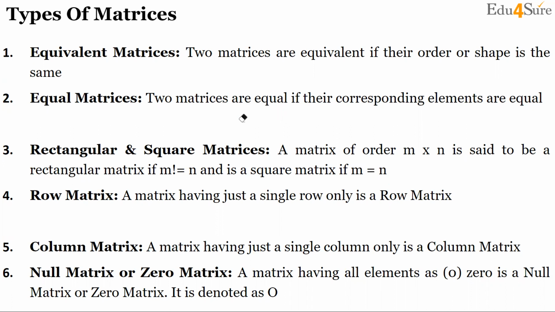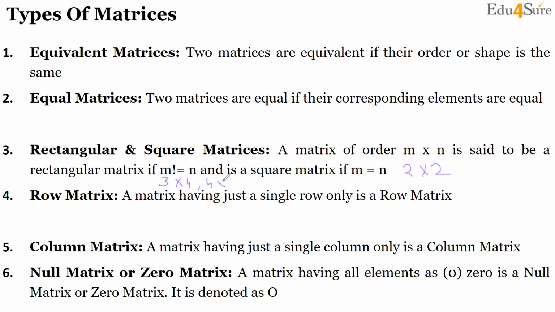If you see in the previous example, where I gave equivalent matrices and equal matrices, I took 2 cross 2, right? So 2 cross 2 will be the example of your square matrix because there the number of rows and columns are the same. A rectangular matrix can be anything where the number of rows is not equal to columns, like 3 cross 4, 4 cross 3, right?